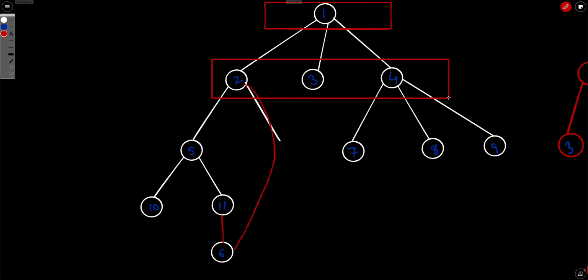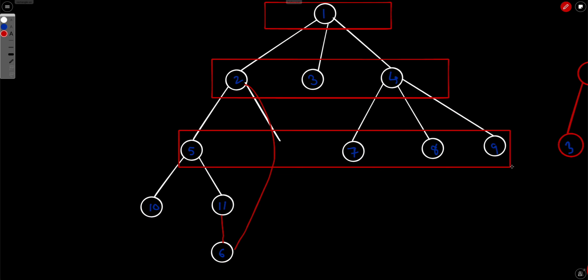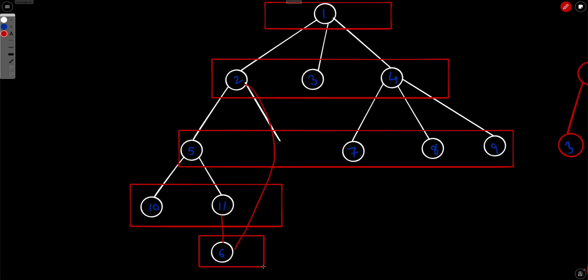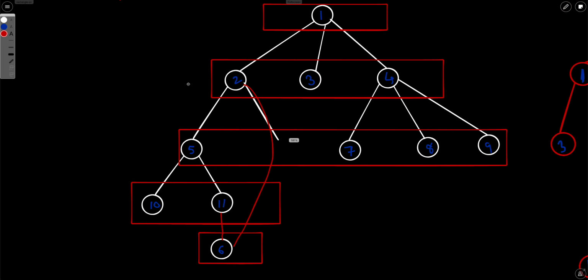You partition it just like the previous way, assigning every level to a single group. Now if you see, this is not a valid partition. Why? Because 2 to 6 is an edge, and 2 belongs to group 2 and 6 belongs to group 5. As the difference is not 1, this is not a valid partition.